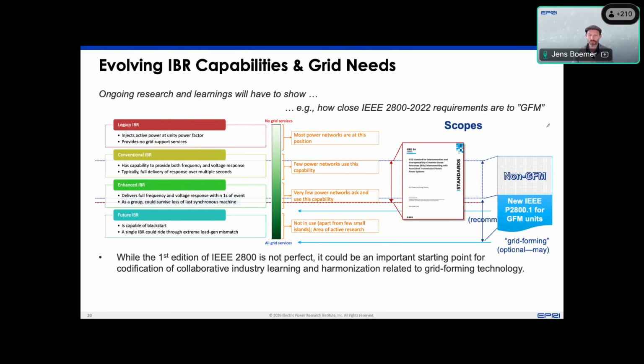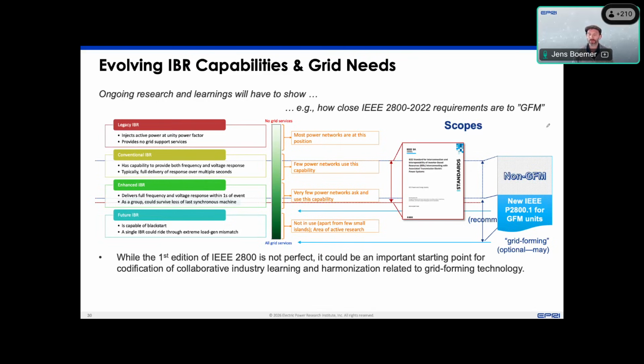Now, one more comment on the grid forming. Ultimately, we want to have recommended requirements at the plant level, but we decided to start with the capabilities and performance at the equipment level.